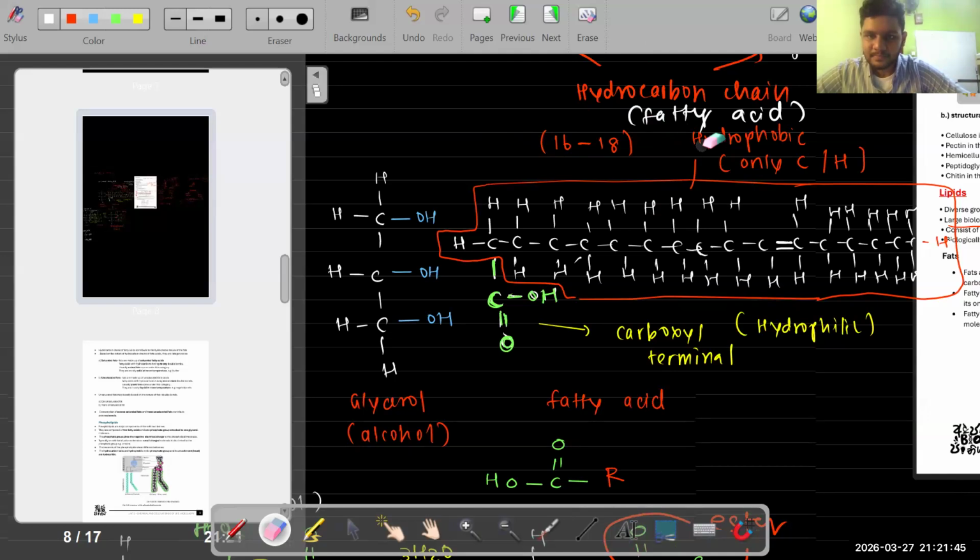Now, see, there are two options. First, there can be double bonds present here, right? There can be double bonds present here. Second, there can be only single bonds. If there are double bonds present in this carbon skeleton, they are called what type of fatty acids? If you have double bonds, unsaturated fatty acid.